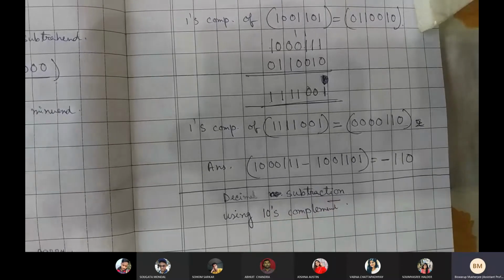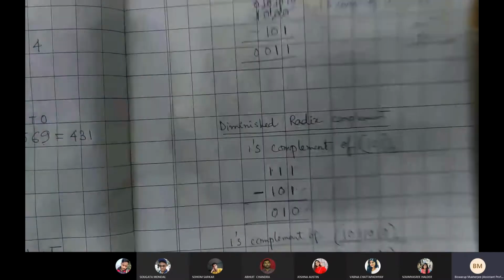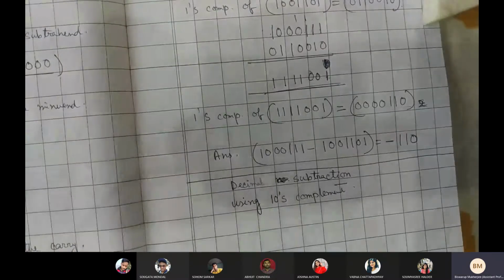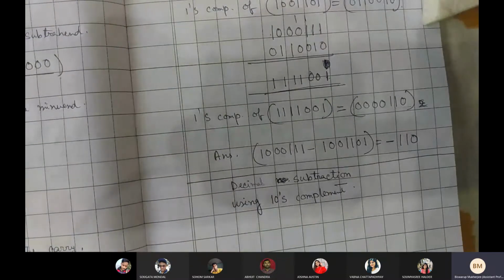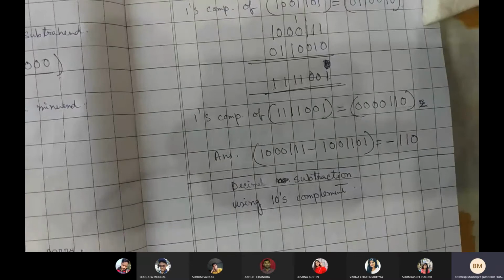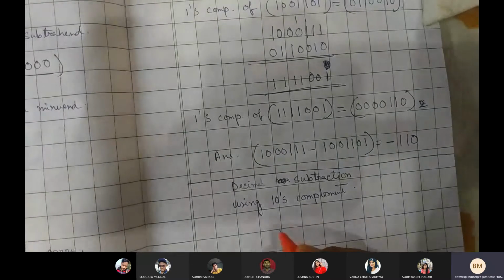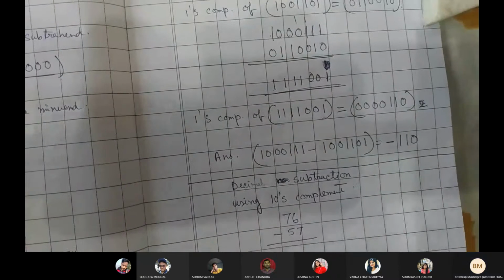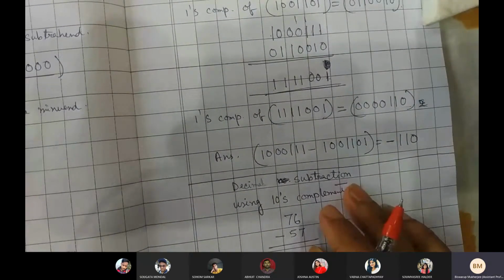Okay. Again, I am going for the same. একই জিনিস নিয়ে করব 76 minus 57, the same. Okay. So let again the 76 minus 57 ওটা নিয়ে করি, tens complement করে. So what is that? 76 minus 57. Process.